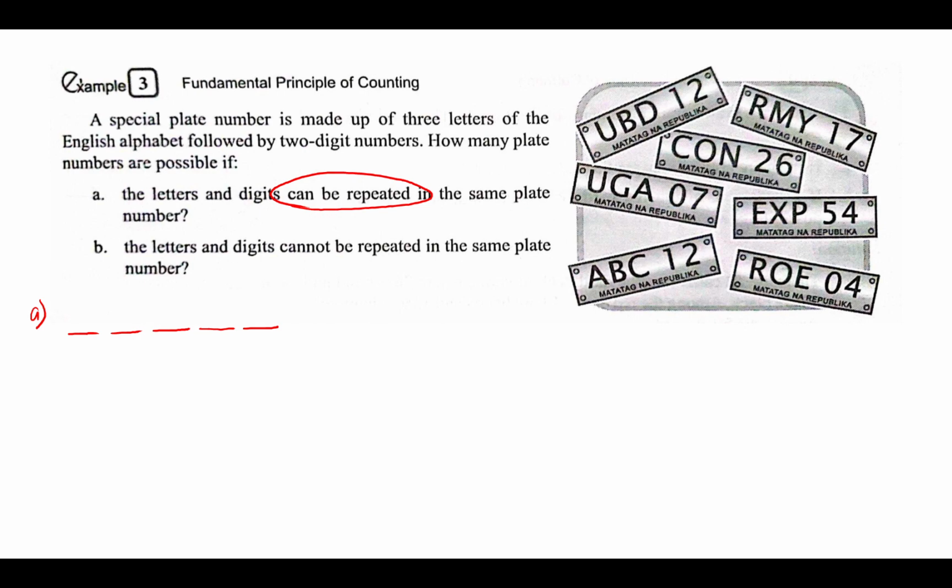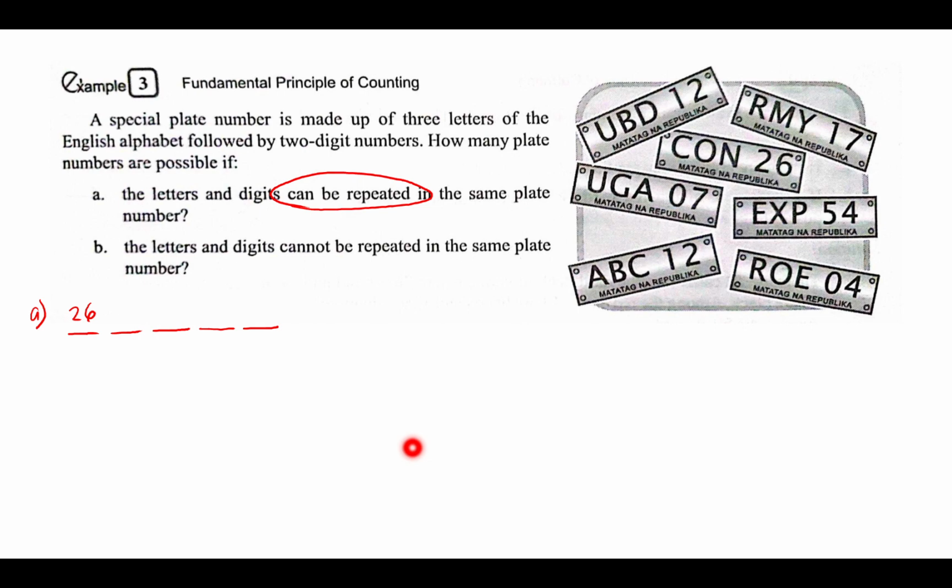So that's the first thing that we need to know. How many letters are in the English alphabet? There are 26 letters. So for the first letter, we can write 26. Why 26? Because any one of the 26 letters will do. How about the second letter?